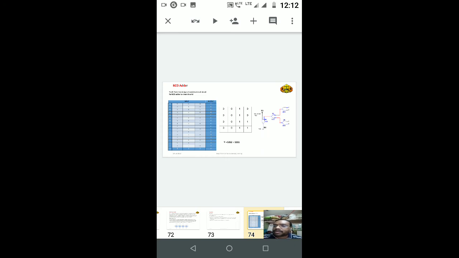On the first row I return S1 bar S0 bar, then S1 bar S0, then S1 S0, and lastly S1 S0 bar. In the boxes, in the first column first row, I return Y0.